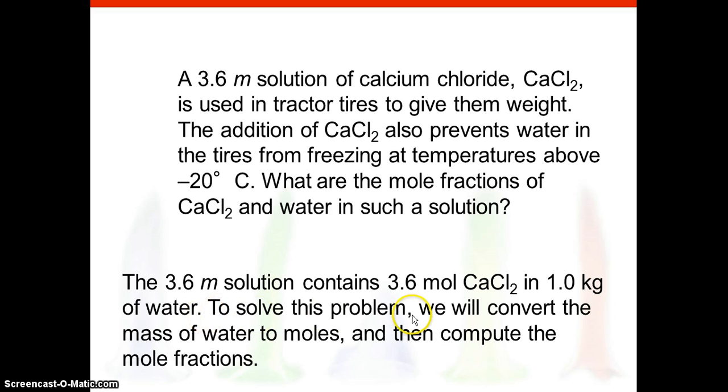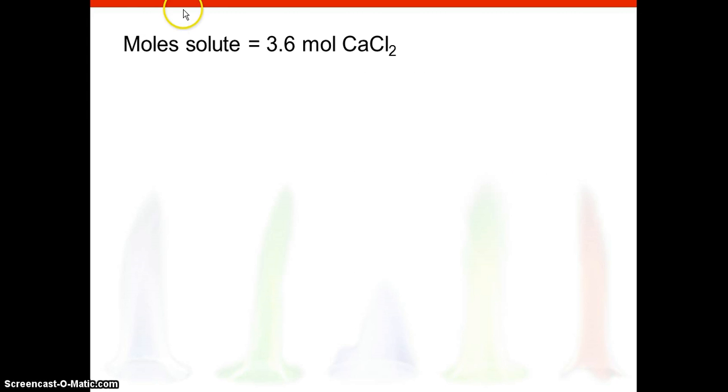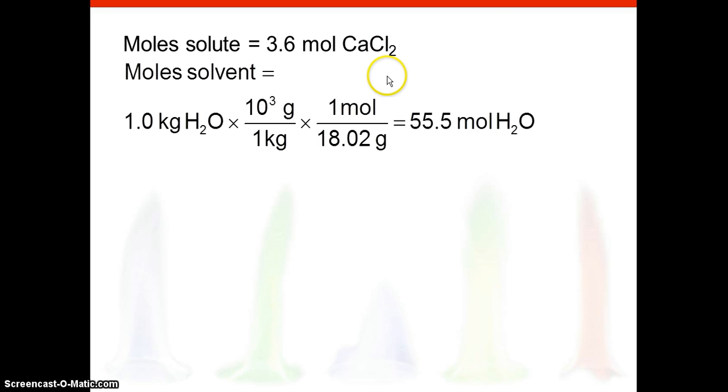To solve this problem, we can convert the mass of water to moles and then compute mole fraction, because here small m is given, and we need to find mole fraction. Okay, so now we have moles of solute, which is CaCl2. It's given as 3.6 mole, and it is in 1 kilogram of water.